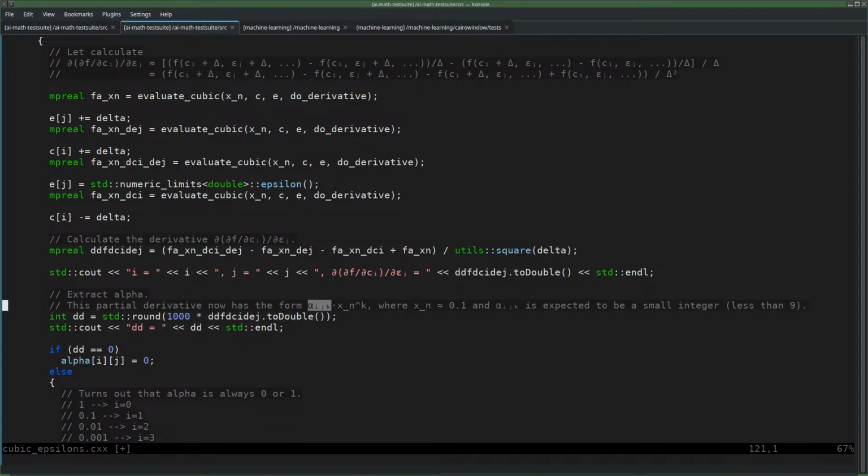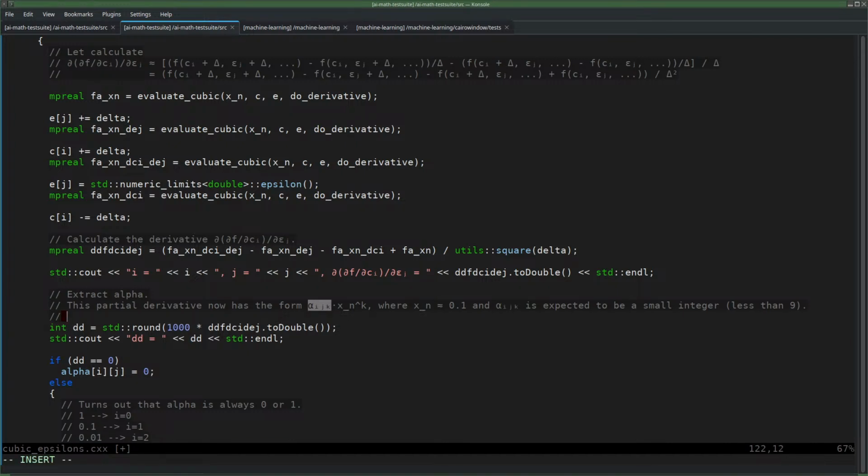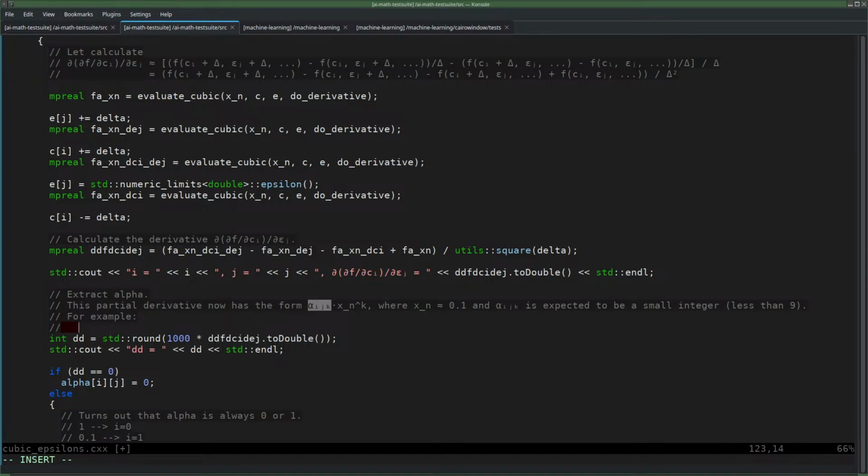Maybe less than 3, but less than 9 would still work. So case 2, because it is 100th, so it is 1/10 to the power 2.